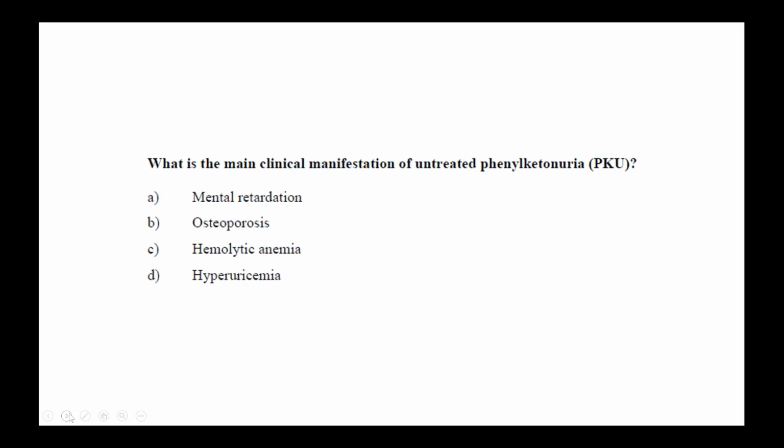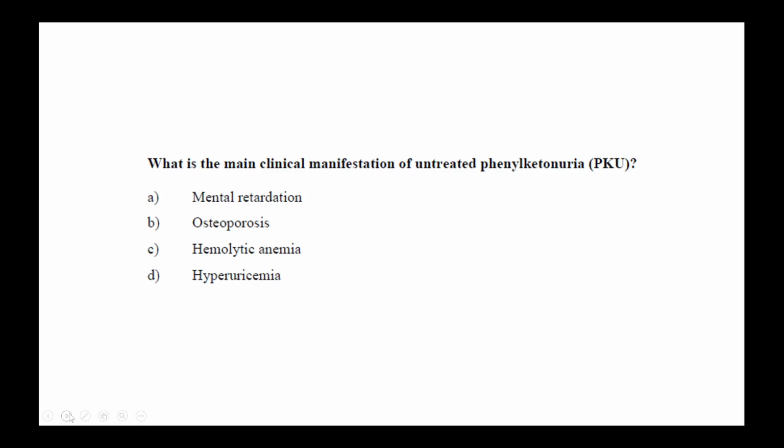Moving on to the next question now. What is the main clinical manifestation of untreated phenylketonuria? First is mental retardation. Second is osteoporosis. Third option, hemolytic anemia. And fourth option is hyperuricemia.